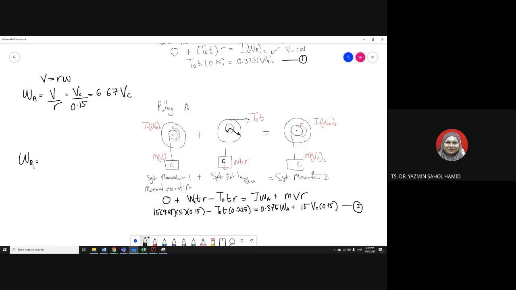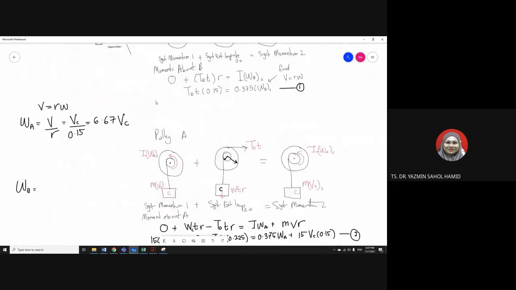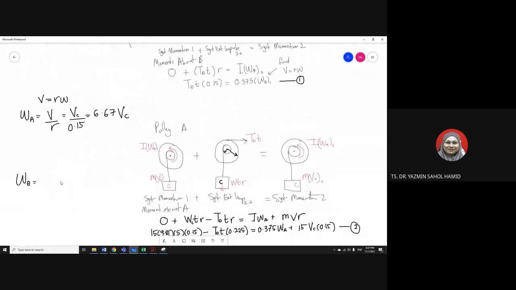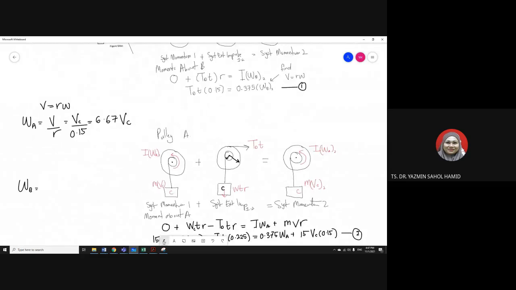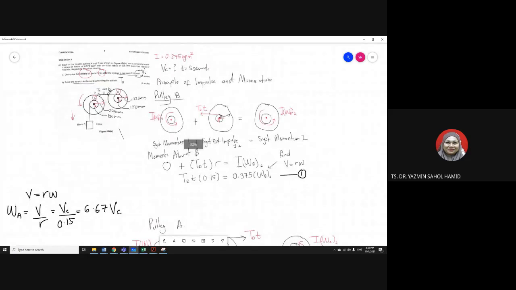If you look at the diagram, omega B is connected to cord D. So it will again be V divided by R, but it will be VD divided by R. And the R for omega B, what is it, the inner or the outer radius? Have a look at the diagram.